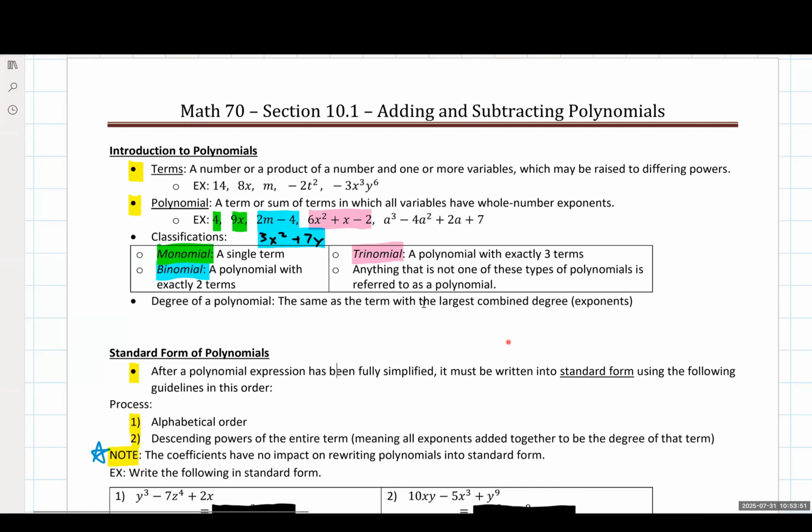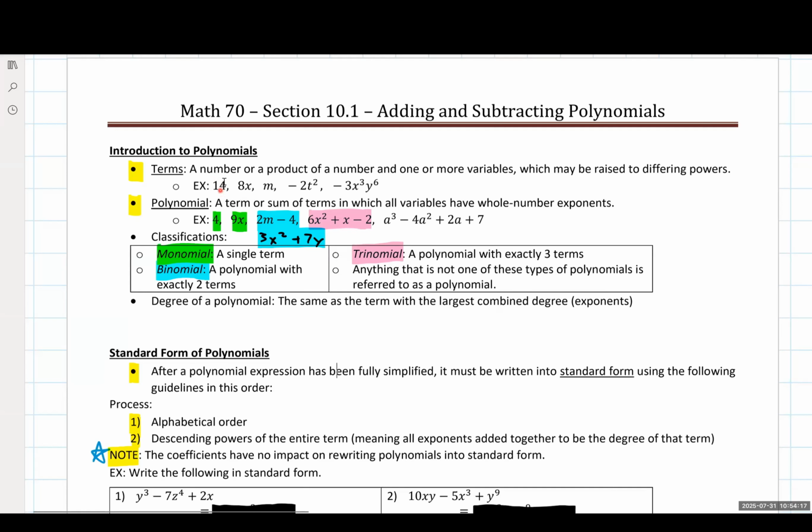So if I'm looking at the terms that we have up here, I have 8x, I have m, I have negative 2t squared, and I have negative 3x to the third y to the sixth. The degree of 14 is the same as the term with the largest combined exponents. So how many exponents am I seeing in this? I'm not seeing any at all.